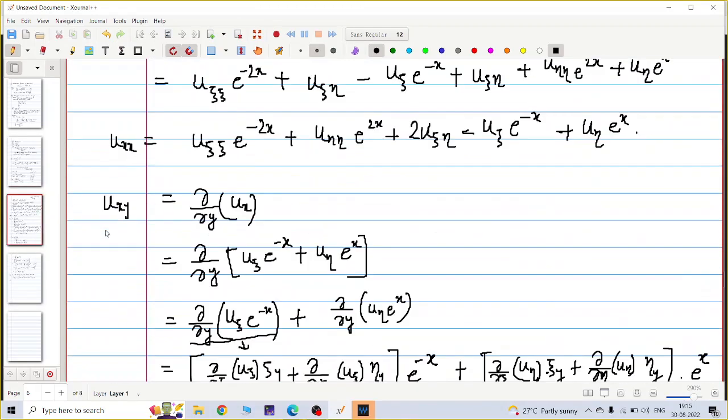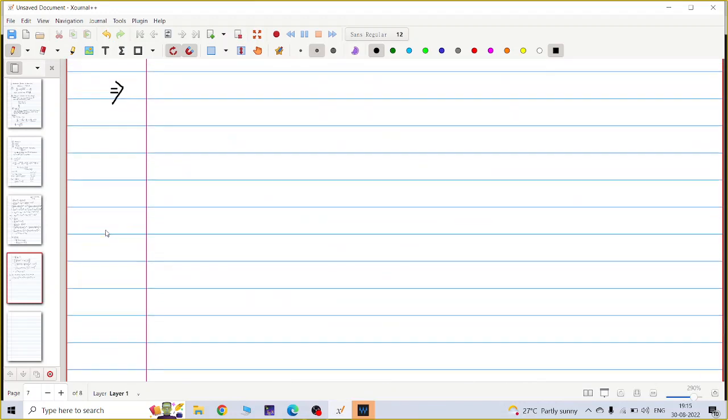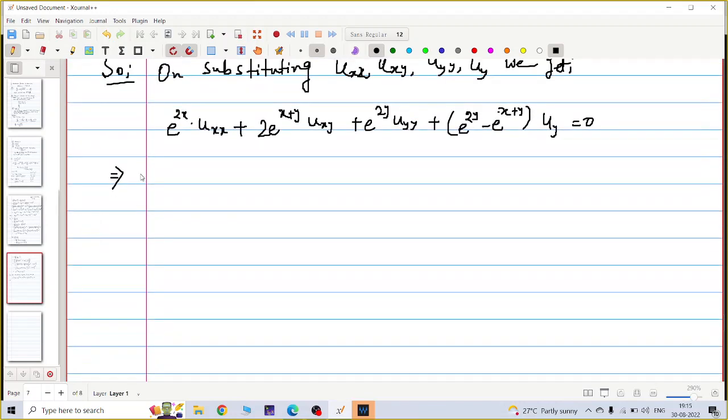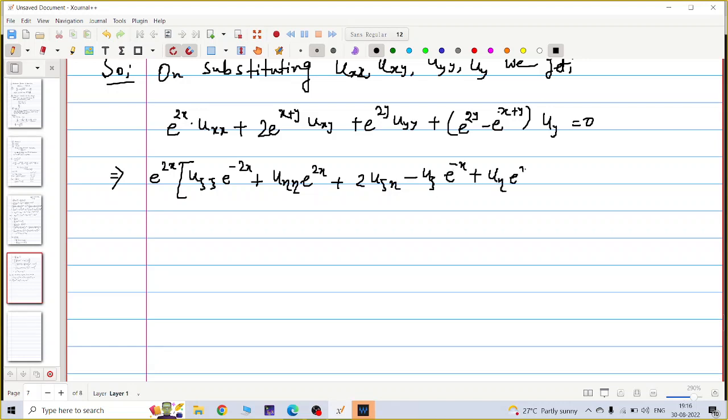Okay. I'm writing. This is equal to e power 2x into uxx, which I got as u_xi xi into e power minus 2x plus u_eta eta into e power 2x plus 2 u_xi eta, minus u_xi into e power minus x plus u_eta into e power x. This is my uxx.